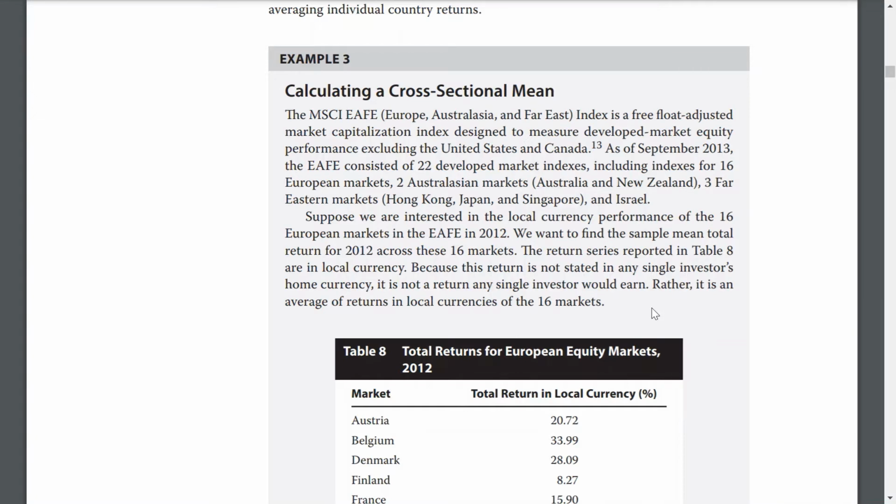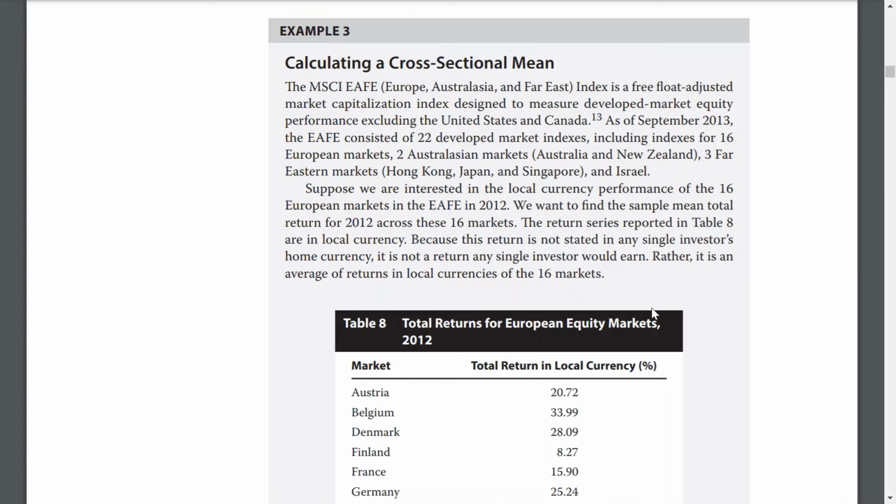As of September 2013, the EAFE consists of 22 developed market indexes, including 16 European markets, 2 Australasian markets, Australia and New Zealand, 3 Far Eastern markets, Hong Kong, Japan, and Singapore, and Israel.